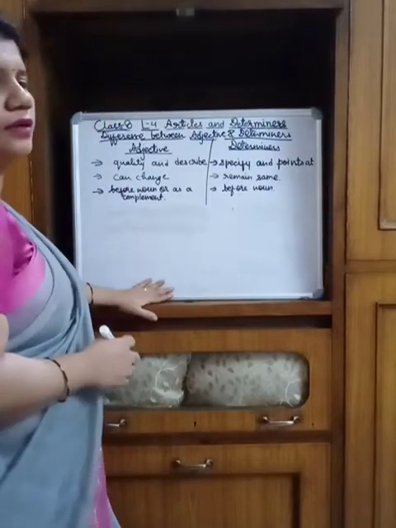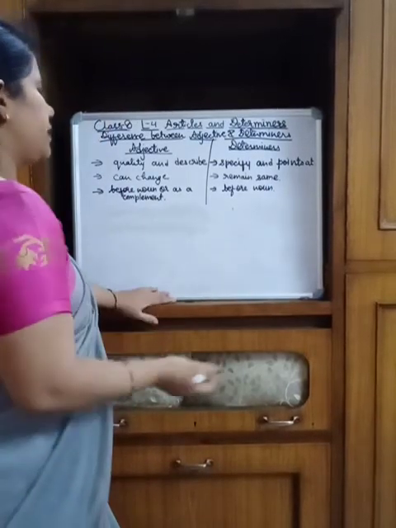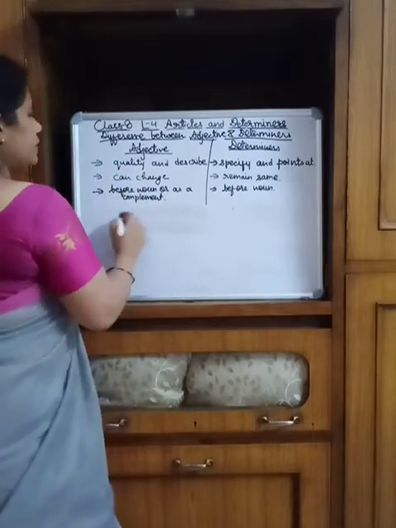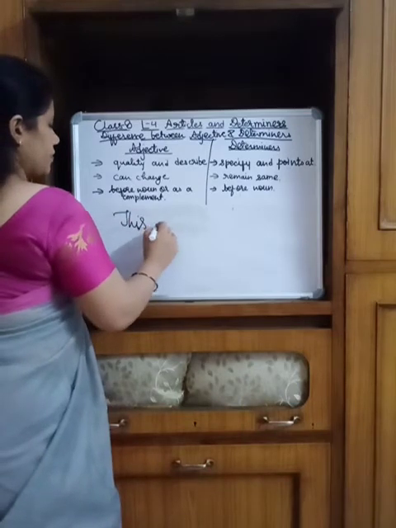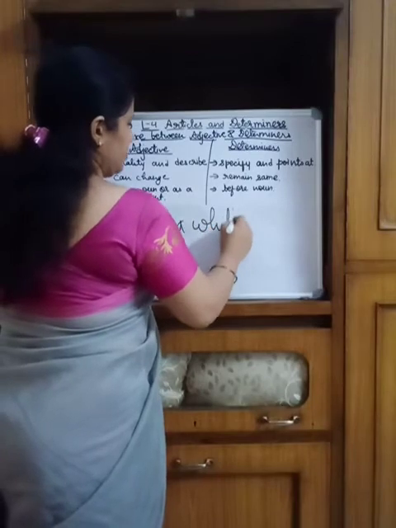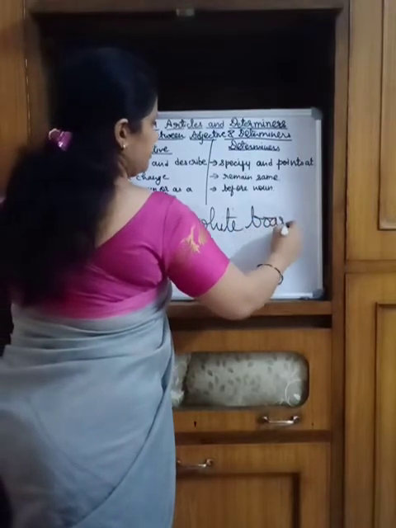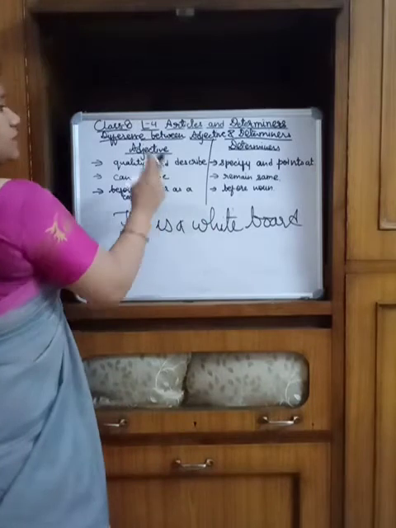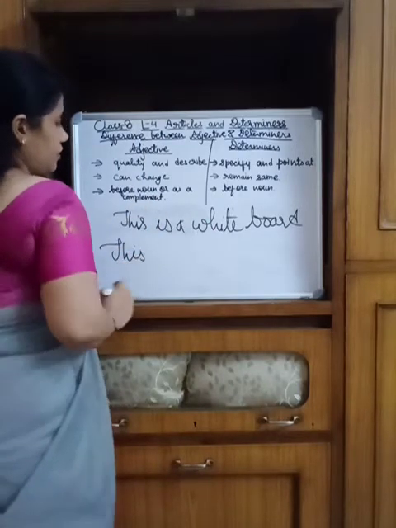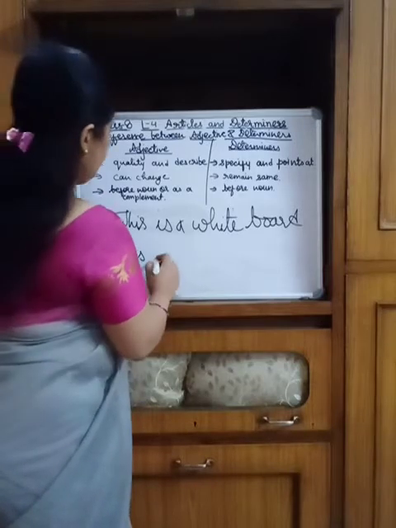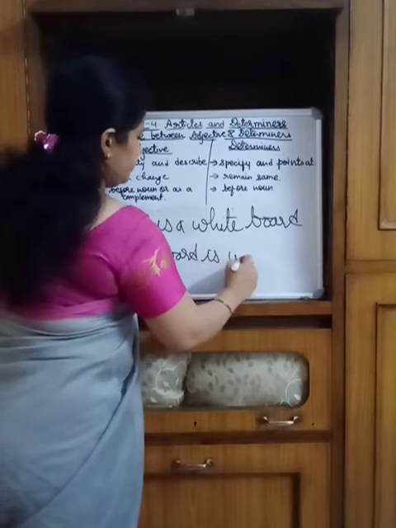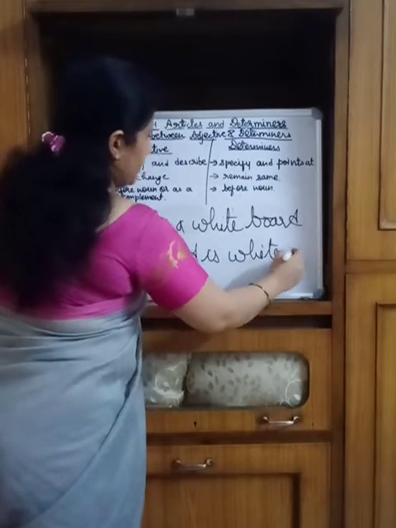Suppose this is a whiteboard that I am using to explain the chapter. So if I take the example, this is a whiteboard, right? And the same sentence I am writing here: this board is white.